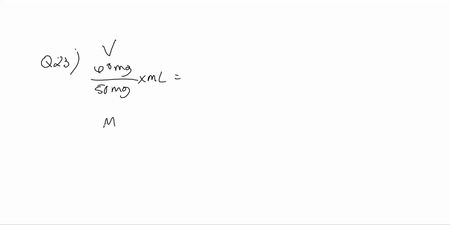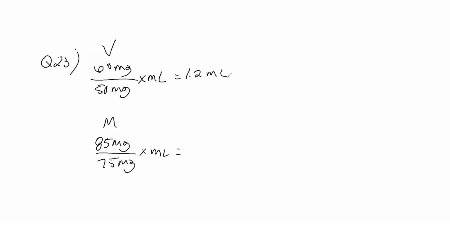For the meperidine, the order is 85 milligrams, and we have 75 per milliliter. And then if you tell me what 60 over 50 is, I think it's 1.1. Oh, 1.2, thank you.